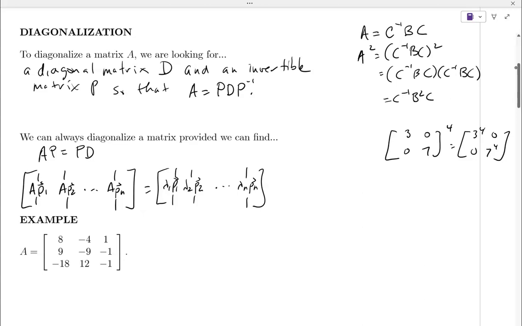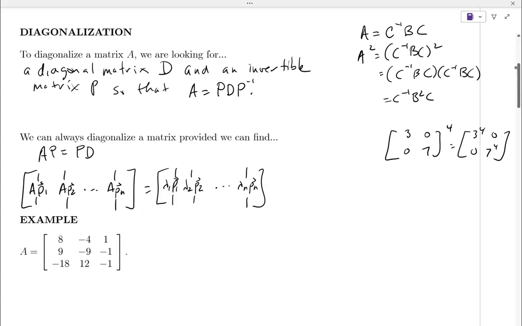Well, the columns have to be identical, so I would need A P1 equals lambda 1 P1. So what do lambda 1 and P1 have to be? They have to be eigenvalues and eigenvectors, right? Same thing here, eigenvalue, eigenvector. So this is how you're going to diagonalize and find that matrix P. You're going to calculate all your eigenvalues and then the associated eigenvectors and make that matrix.